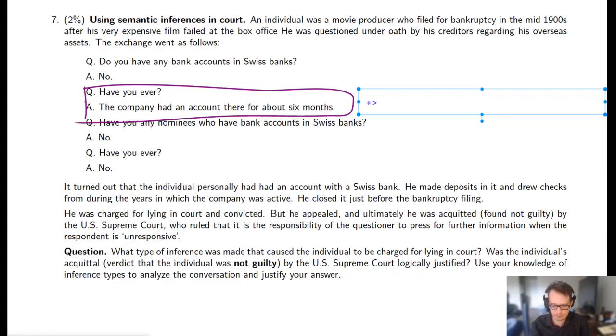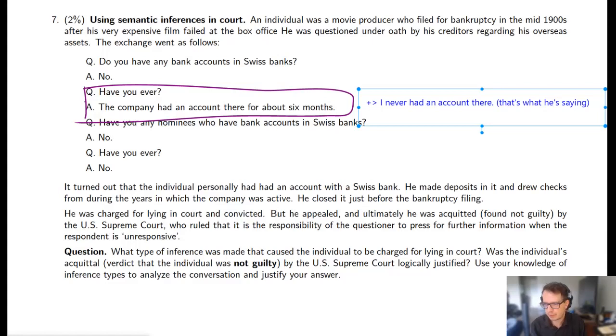He's trying to get the implicature across that I never had an account there. He's saying the company had an account there to make this implicature that I never had the account there. That's what he's saying. But the jury inferred something else. The jury inferred that he said, I had an account there.